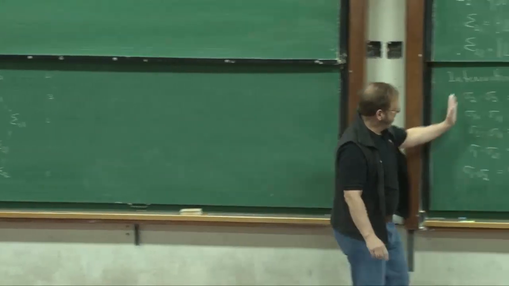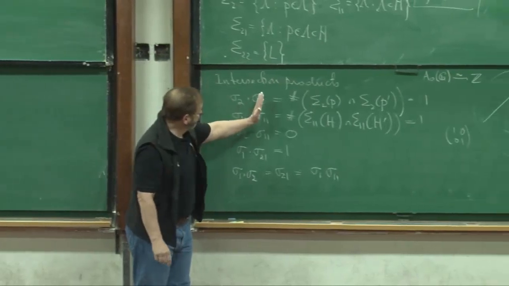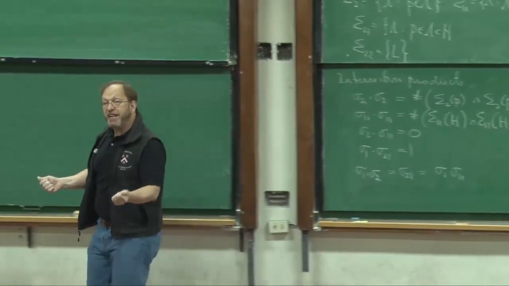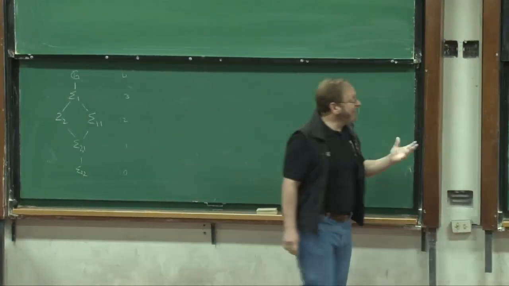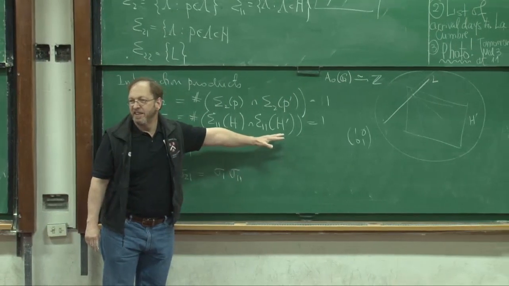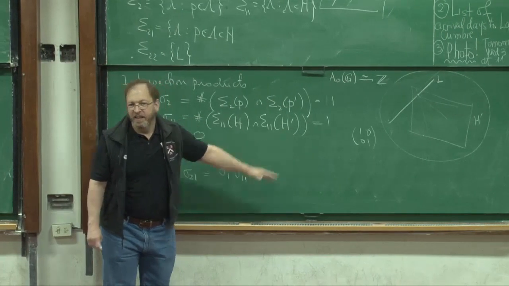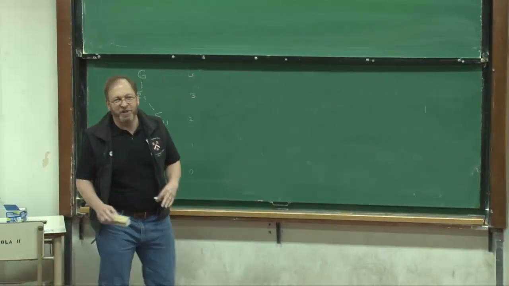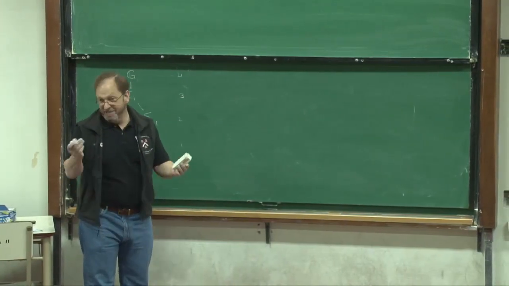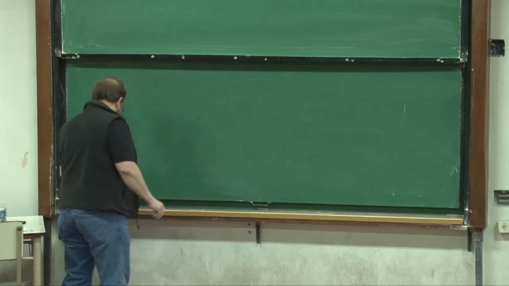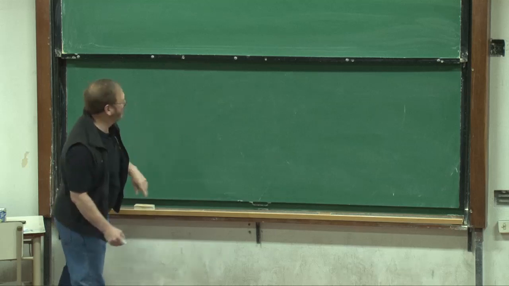Every time we've had a product of classes to calculate, we've been able to find representative cycles for those classes whose intersection just happens to be another one of these Schubert cycles, another one of these closed strata. Now, I want to do the one remaining case. What's the one remaining intersection property we haven't calculated? Sigma 1 squared. And I want to do that. And now we see that the honeymoon is over, so to speak.